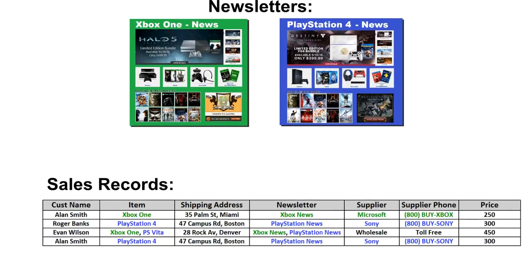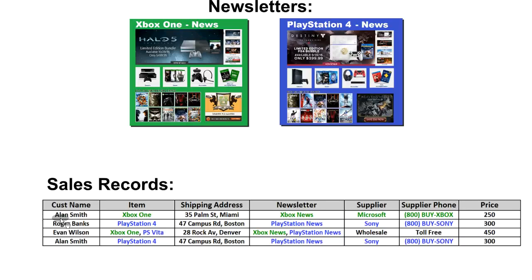So these are some of their sales records. They currently keep track of customer name, the item purchased, the shipping address, what newsletter this person signed up for, what is the supplier of the item, and what is the phone number of the supplier, and what is the price of the purchase.